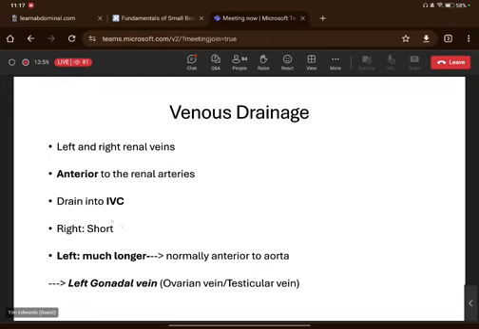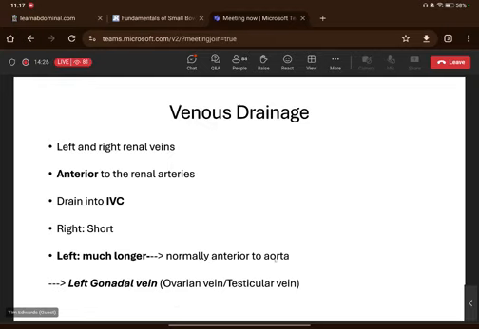And kind of opposite to what we mentioned before, and it makes sense, the right renal vein is shorter than the left renal vein. It's got a shorter course to take to reach the IVC. The left renal vein is much longer, as it needs to course, in normal anatomy, anteriorly to the aorta, draining into the IVC.